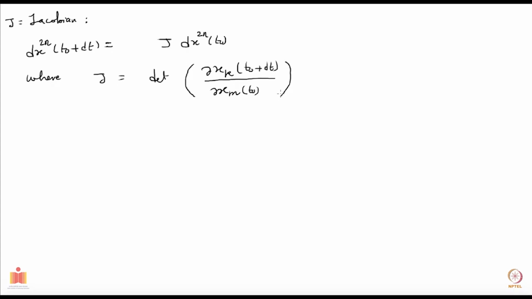You have to construct the matrix which contains all these partial derivatives, where k runs from 1 to 2n, and m also runs from 1 to 2n. So this is a 2n cross 2n dimensional matrix, and you have to find its determinant and multiply it here, which gives you the new volume.